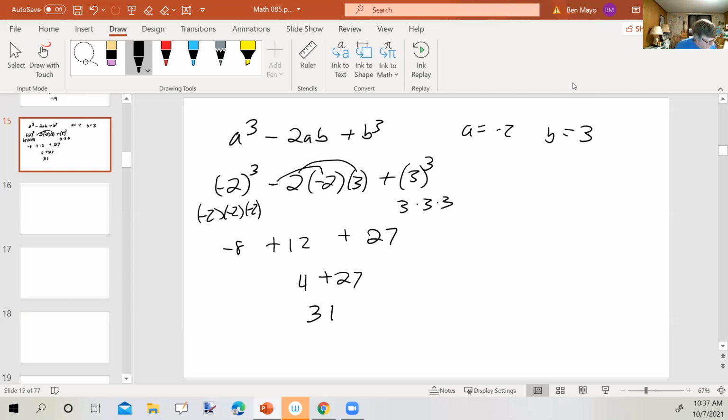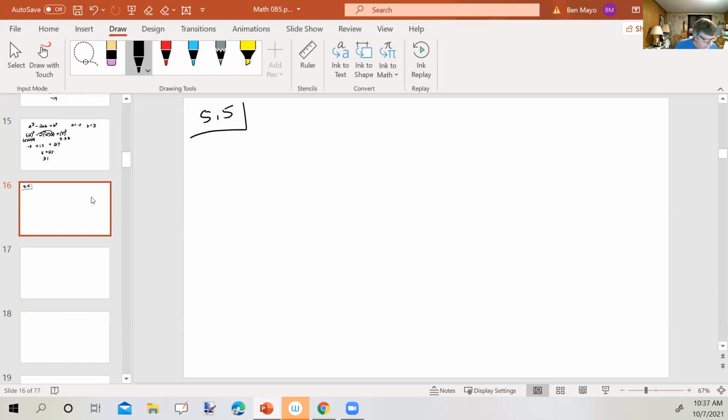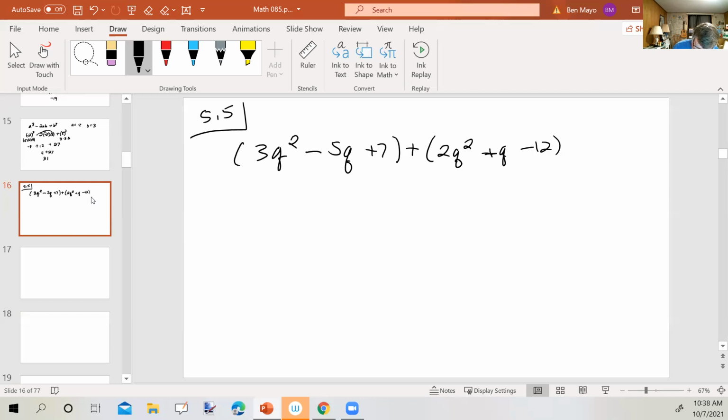All righty. Well, that takes us on to section 5.5, adding and subtracting polynomials. So basically, this is getting rid of grouping symbols and combining like terms. So for instance, let's say you've got something like this, 3q squared minus 5q plus 7 plus the quantity 2q squared plus q minus 12.